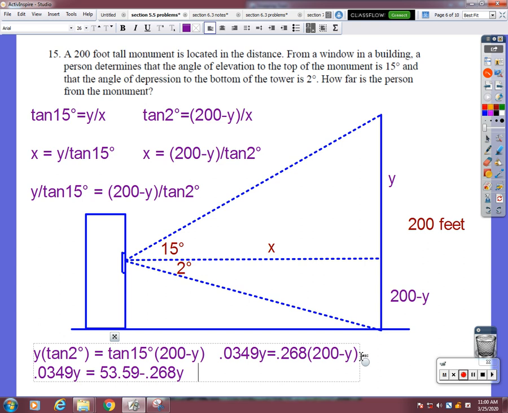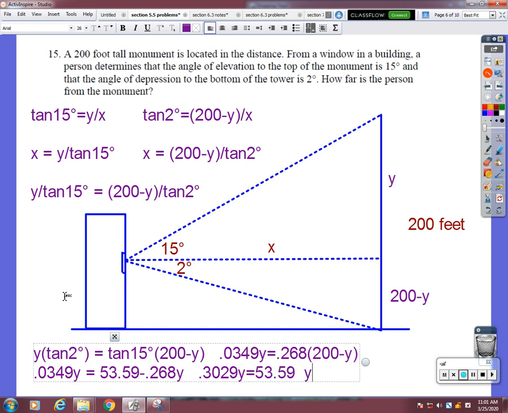To figure out what y is, I have to add 0.268y to both sides. So 0.0349 plus 0.268 equals 0.3029, and that still equals 53.59.